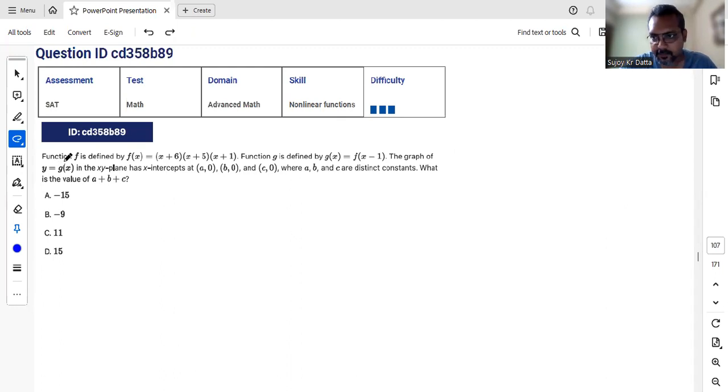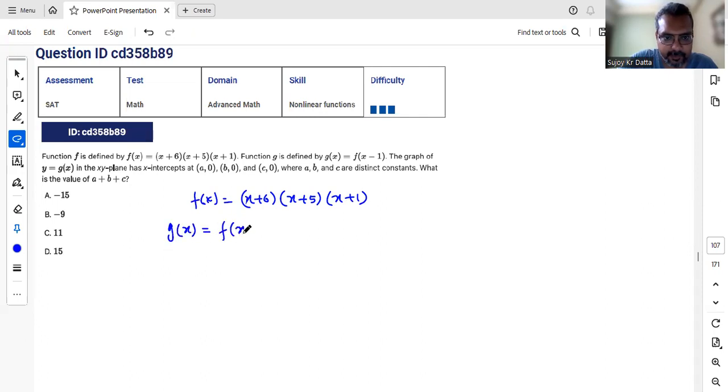So this question says that f(x) is given as something, and g(x) is f(x minus 1). The graph of g(x) has intercepts a, b, c. What is the value of a plus b plus c? If f(x) is (x plus 6)(x plus 5)(x plus 1), let's keep it simple. g(x) is f(x minus 1), which means in place of x, plug in x minus 1.